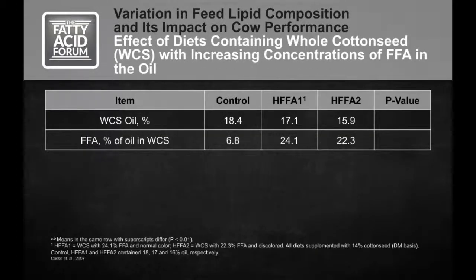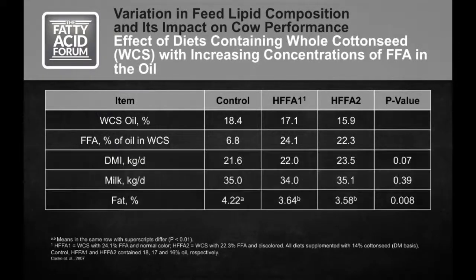So there's one in vivo study to support that data, and this is looking at the amount of free fatty acids in cottonseed. In this study, 14% cottonseed was fed in the diet, with one of three different cottonseeds: a control cottonseed with a low level of free fatty acid, or two cottonseed samples that had much higher, about 20-25% free fatty acids in the cottonseed.